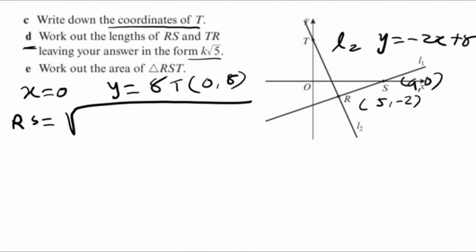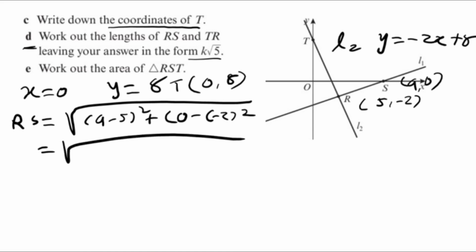So RS is equal to the square root of (9 - 5) squared plus (0 - (-2)) squared.